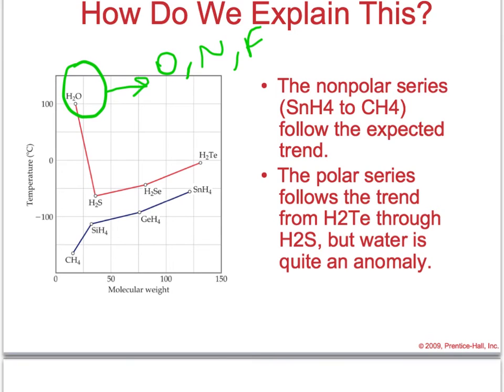Hydrogen bonding is the strongest one. That's why water's boiling point is way higher than the others. At 100 degrees Celsius, you have to give a lot of energy to break hydrogen bonding. That's why its boiling point is high.